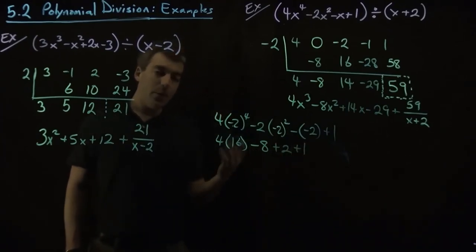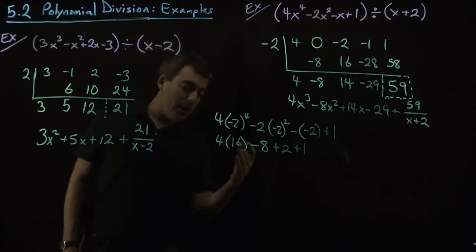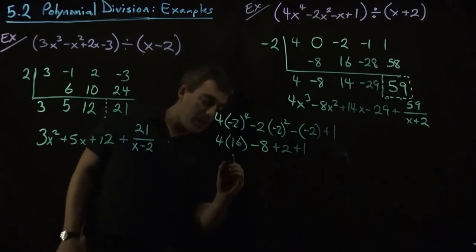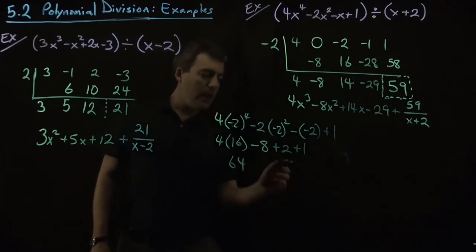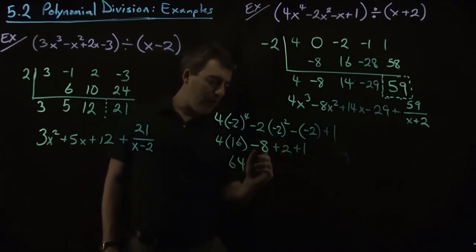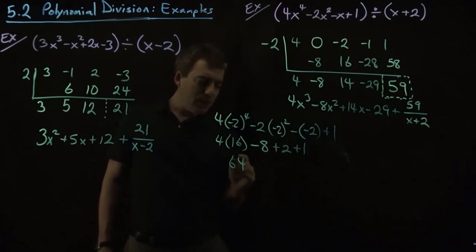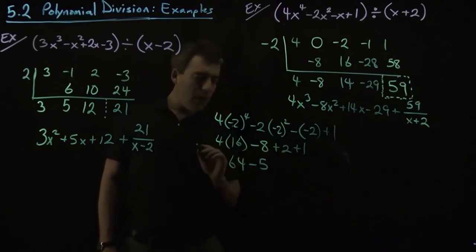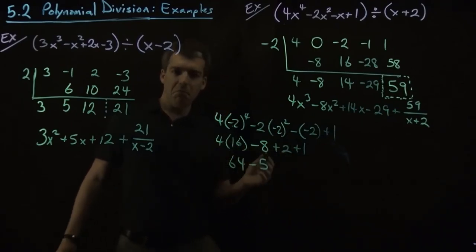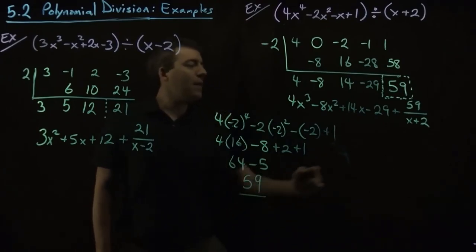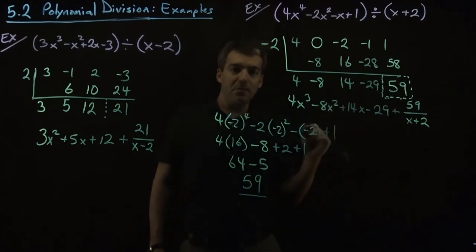Okay, and then 4 times 16, well, I know 2 times 16 is 32, and then another 2 would be 64. So 64, and then I can combine all these. Let's see, we were at negative 8 plus 2 minus 1, so that's really 3. Negative 8 plus 3 is negative 5. What's 64 minus 5? 59. How about that? Same thing as our remainder.